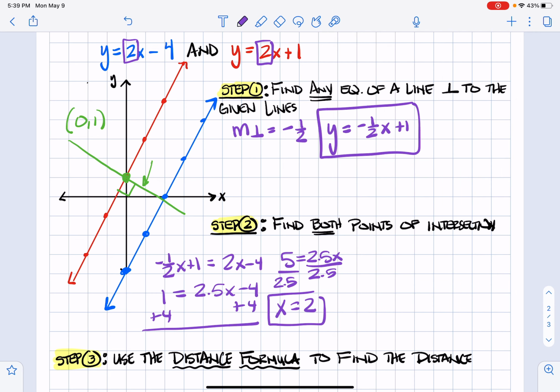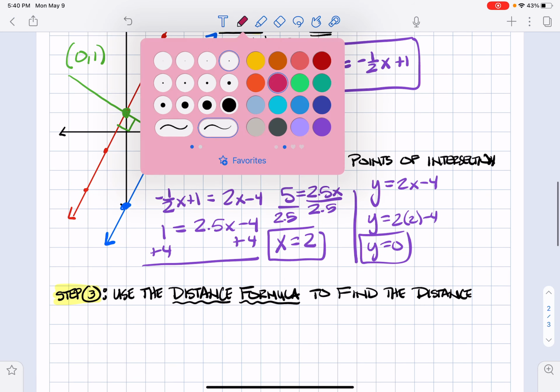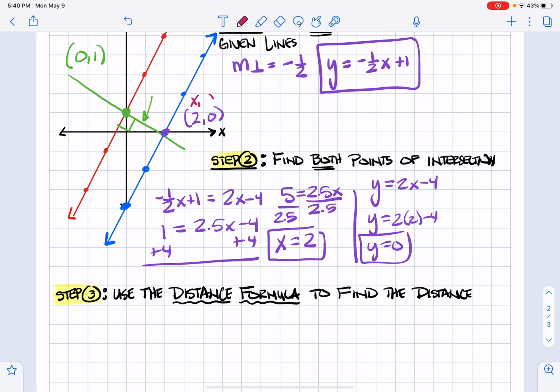Okay, then we've got to figure out what the y value is for the blue line. So I'm going to plug it right back in and start with y = 2x - 4. x is worth 2, so y is going to be 2 times 2 minus 4. Looks like y is 0. So we got kind of lucky with that one. This point over here is the point (2, 0). So there are my 2 points that I'm going to use in my distance formula. I'm going to use this guy as x1 and y1, and this guy as x2 and y2.